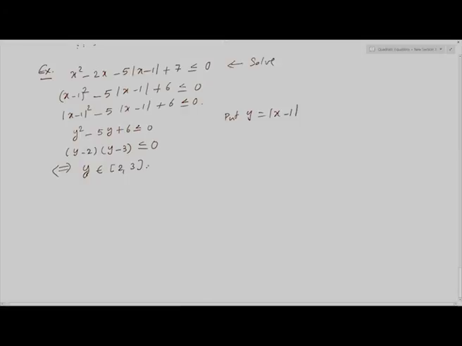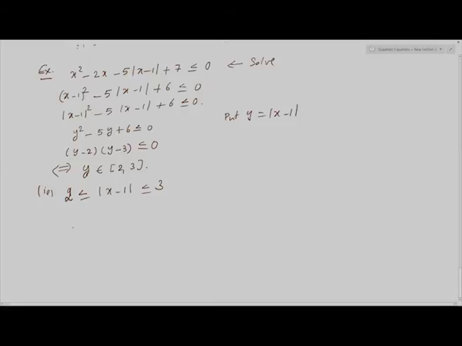That means y is nothing but |x - 1|. What it means is that |x - 1| is lying between 2 and 3: 2 ≤ |x - 1| ≤ 3.